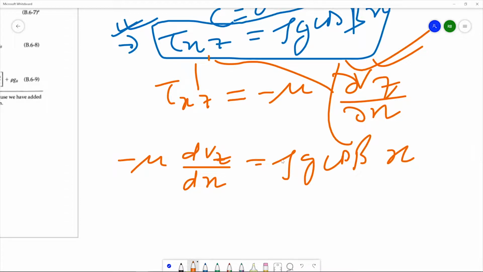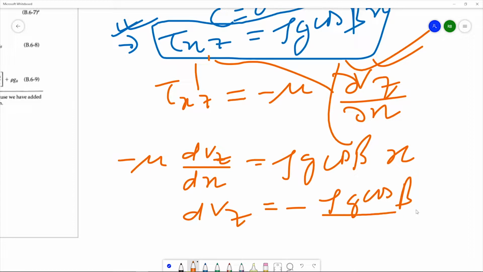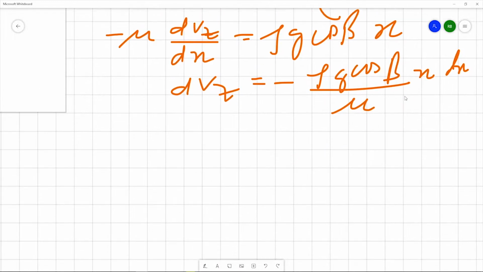So just take it to the right side. You'll get dvz equal to minus rho g cos beta by mu times x dx, right? Just integrate this.